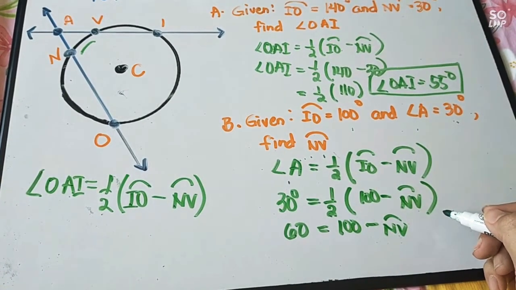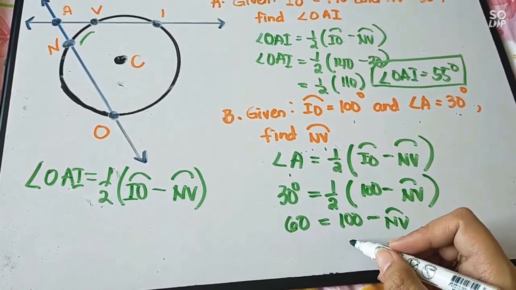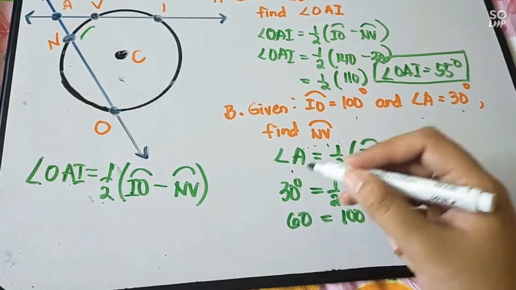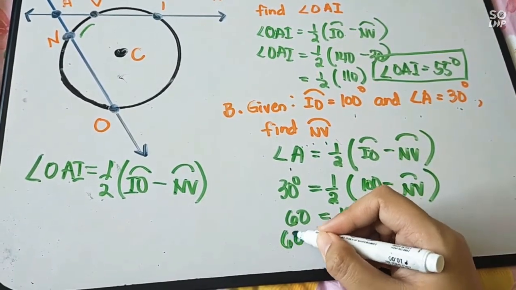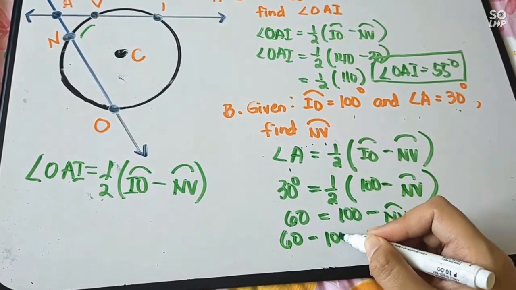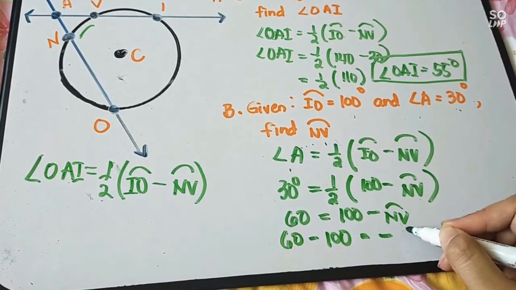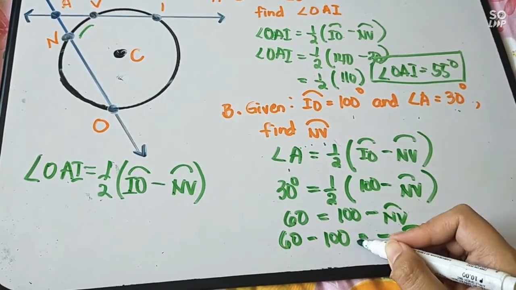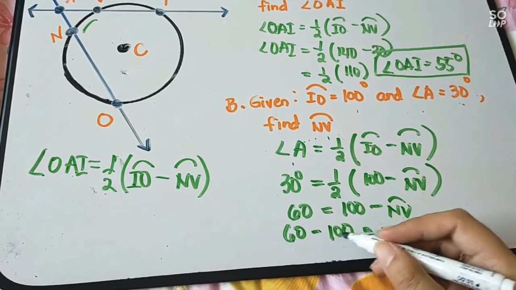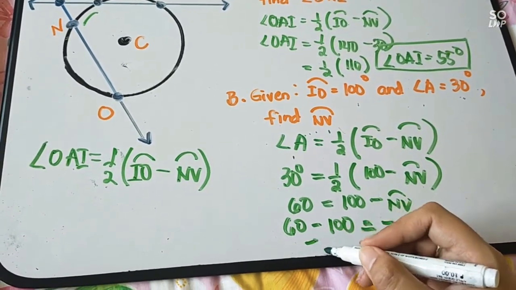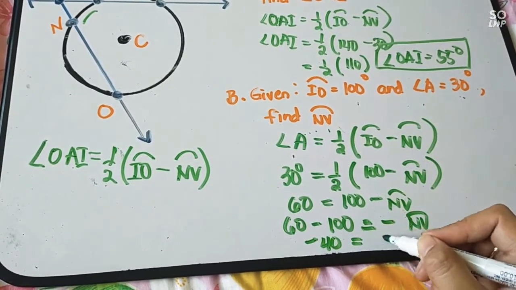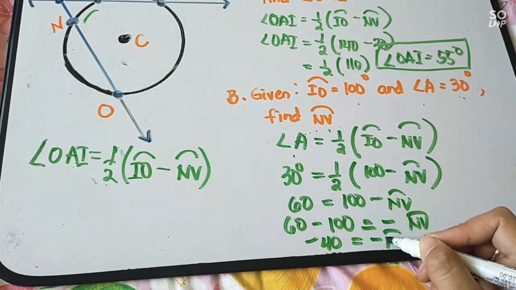Then, afterwards, susunod niyan ay i-transpose na natin. 60 minus 100 is equals to negative arc NV. Negative pa rin, ha? So, 60 minus 100, we have negative 40 is equal to negative arc NB.